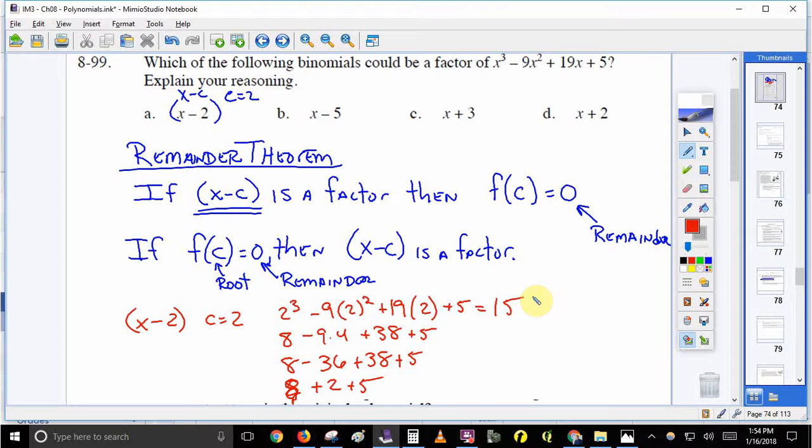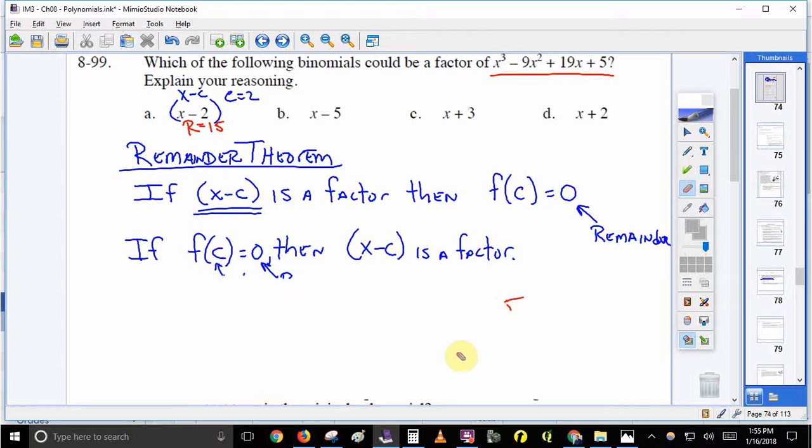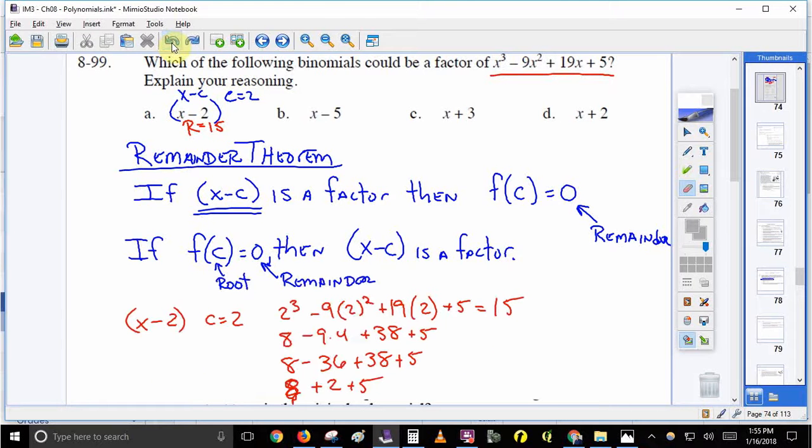So we should expect that when we divide x cubed minus 9x squared plus 19x plus 5 by x minus 2, we'll get a remainder of 15. And that tells us that that is not a root, all right, because it does not have a remainder of 0, and roots would have a remainder of 0.